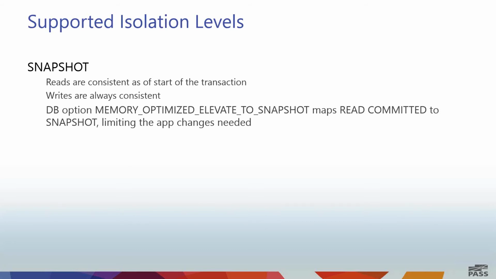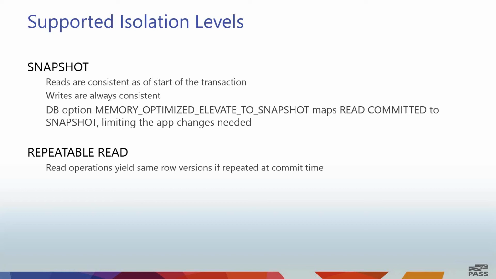Just using snapshot instead of read committed just works. Now, it doesn't mean that it always works, because there are some applications that depend on some of the quirks of the read committed isolation level, like that you see updated versions of the database with each subsequent statement in a transaction, and also the locking behavior. But in most cases we've seen that using this just works. But of course, always test.